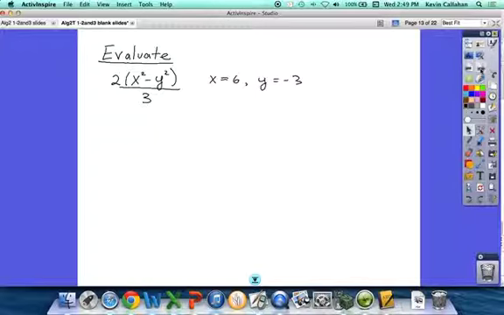See, this is the kind of problem where we make a lot of mistakes. It usually happens when at least one of the variables is negative, and there's squaring going on, and there's minus signs involved. We usually make a fair amount of mistakes in that kind of simplification. That's why you want to be careful with this. 2 times, okay, x is 6, so this is 6 squared, minus, and y is negative 3.